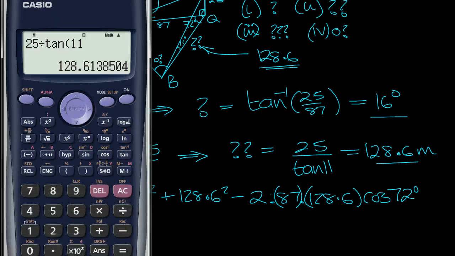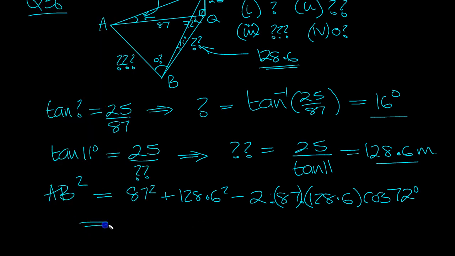So let's have a go at it. 87 squared plus Ans squared, because that's accurate then, minus 2 times 87 times the Ans, that one there, times cos 72, and that's nice and accurate now. Okay. 17195.0892.